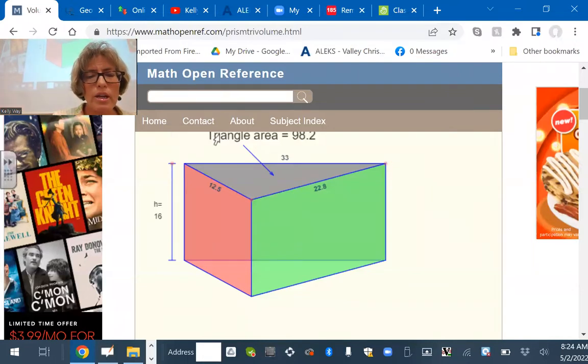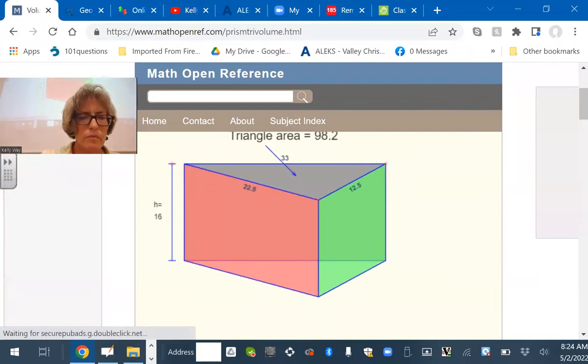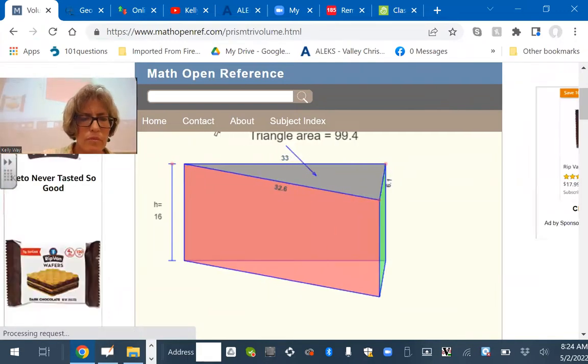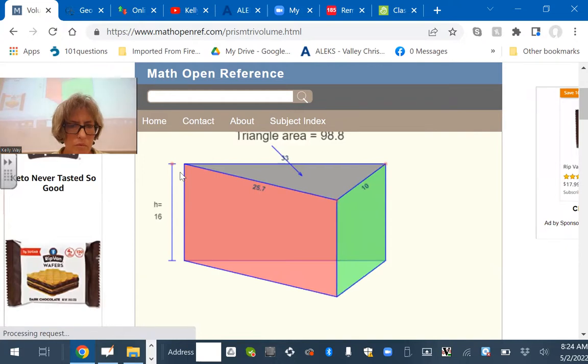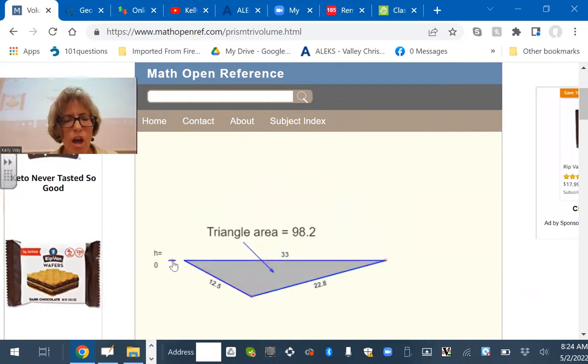So there's a triangular prism here. And what we do in a volume of a prism is find the area of the base.